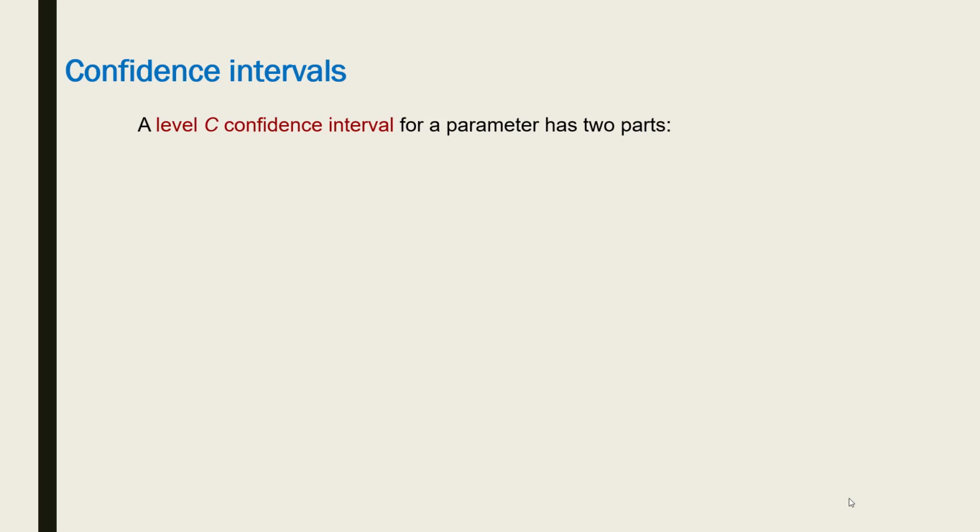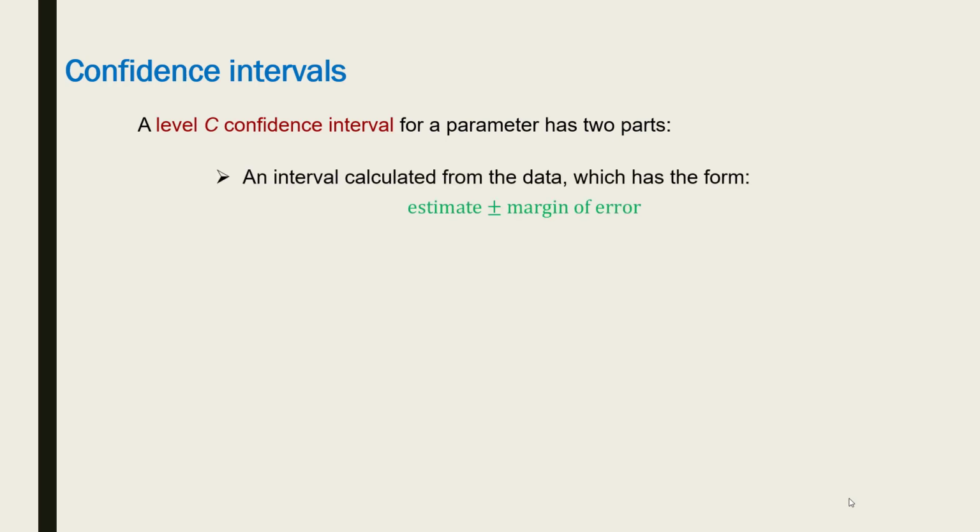A level C confidence interval for a parameter has two parts. An interval calculated from the data, which has the form estimate plus or minus margin of error. This means we need to find the estimate of the parameter that we are looking for and then find the margin of error.